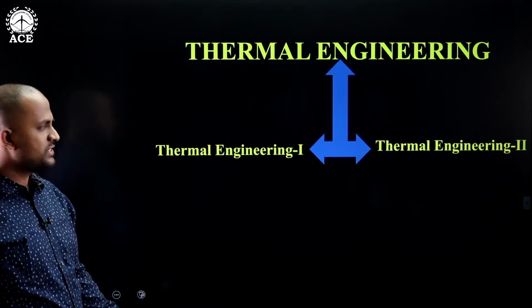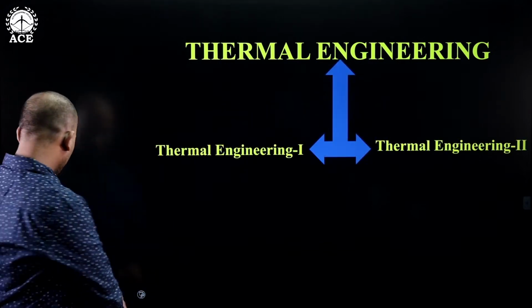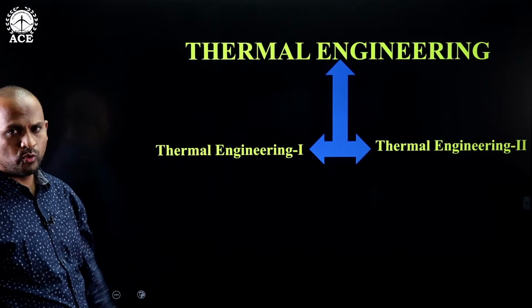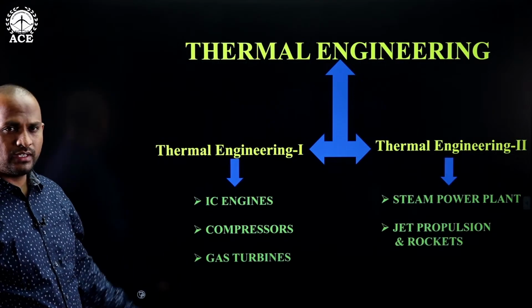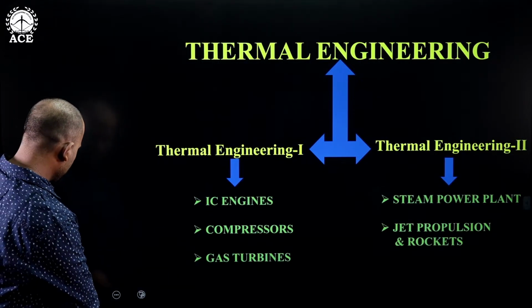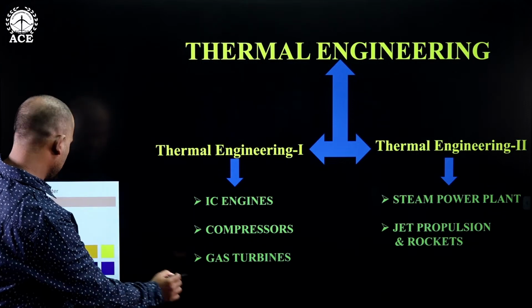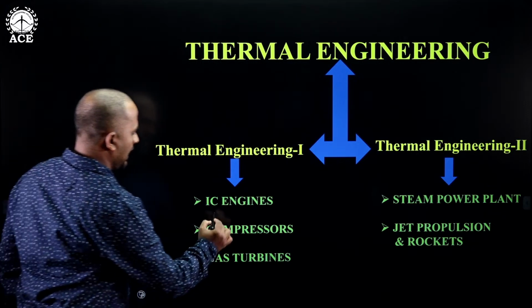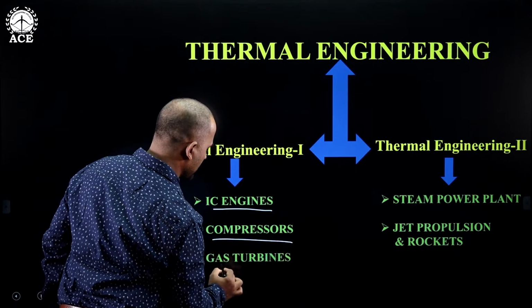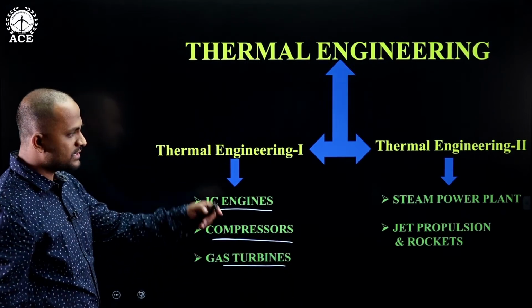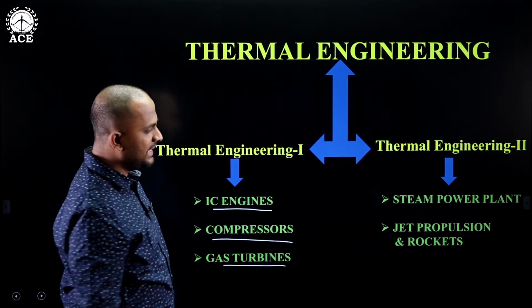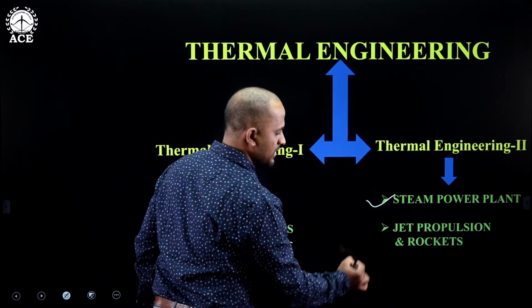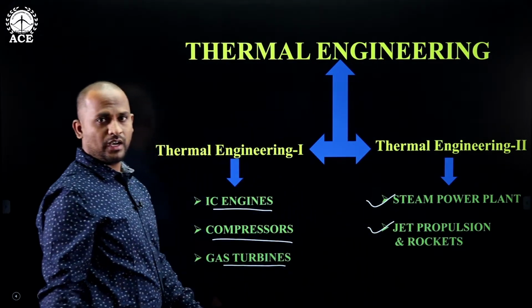Thermal engineering basically is of two parts: thermal engineering part 1 and part 2. Part 1 deals with the IC engines, compressors and the gas turbines, whereas thermal engineering 2 deals with the steam power plants, jet propulsion and the rockets.